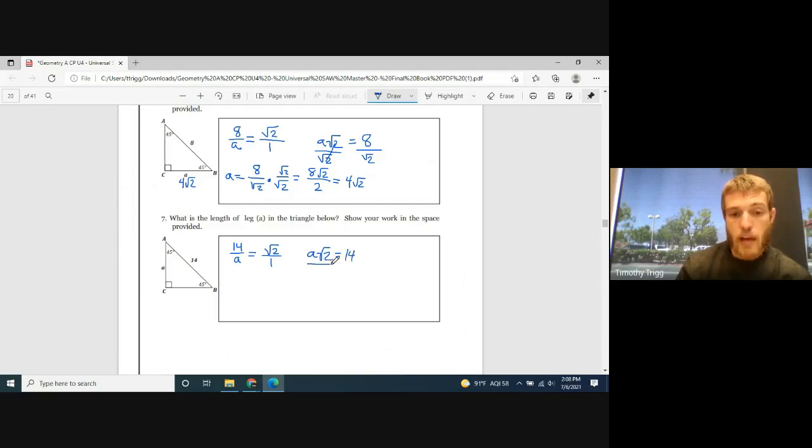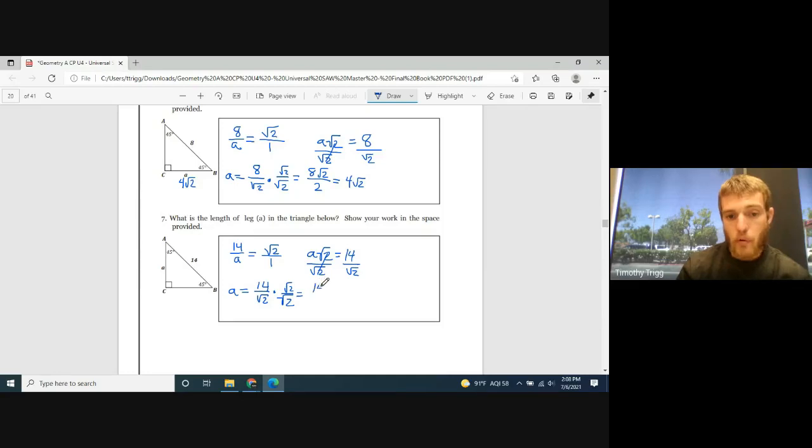Next, divide both sides by square root of 2 to get a by itself. Now, since we have a square root in the denominator, we don't like that. So we're going to rationalize that by multiplying by square root of 2 on top and on bottom. Whatever square root is here, you're going to multiply by that same square root on top and on bottom.